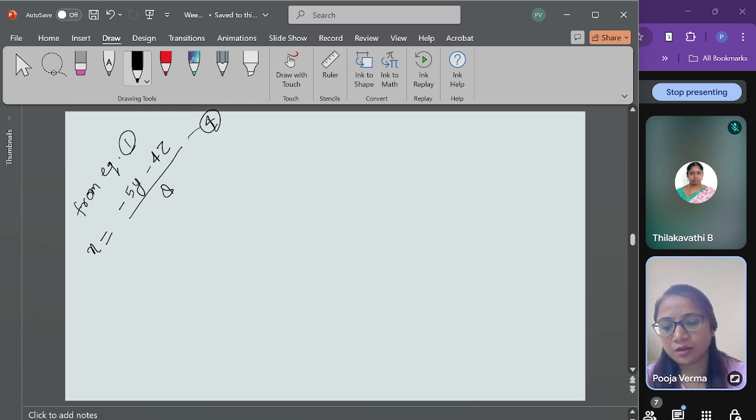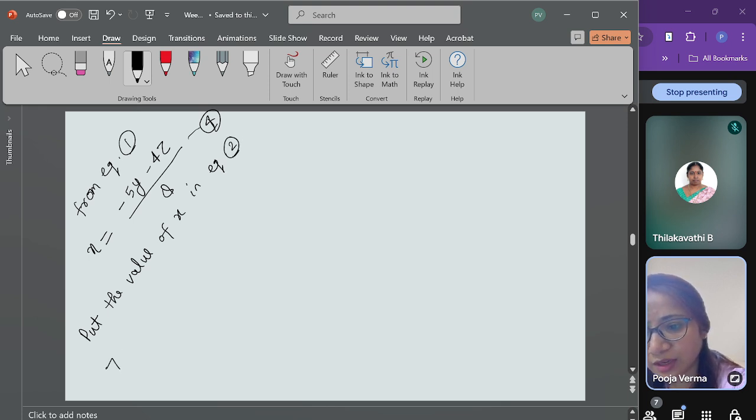Okay, now put this x value in equation 2. In the place of x you will get (minus 5y minus 4z divided by 8) times 7 plus 8y plus 9z equal to 0.